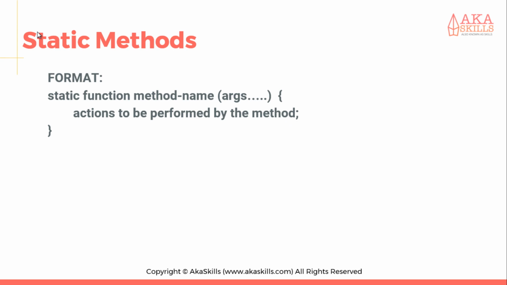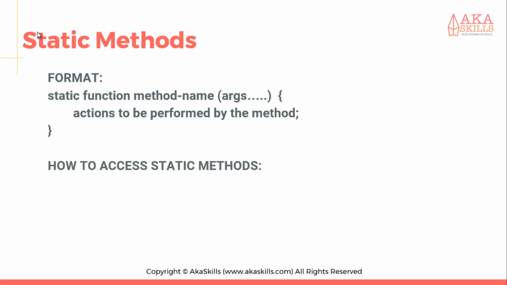You precede the declaration of the method with static, followed by, as usual, function, and then the name of the method. Within the parentheses, you can specify some arguments, if any, and then the actions to be performed by the method. Fair enough, it is as simple and easy as that.